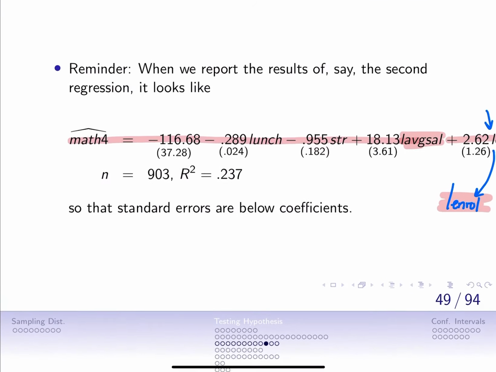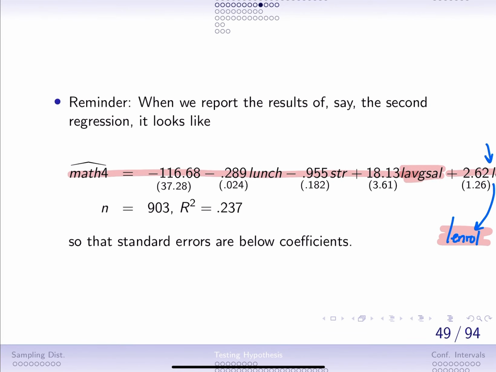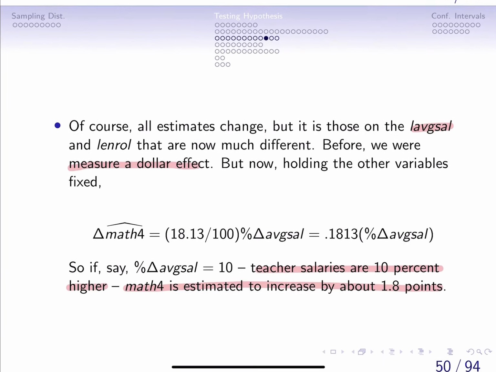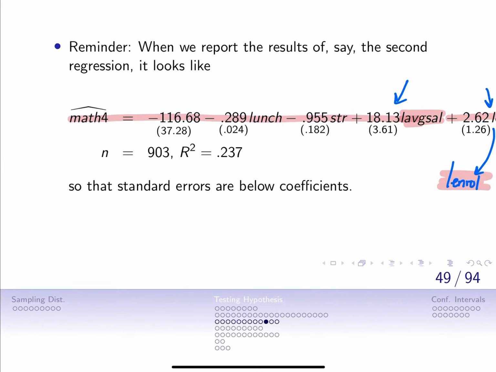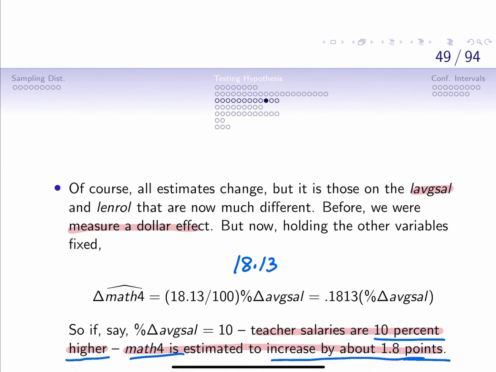So if this coefficient that is capturing teacher salaries is 18.13, we are basically saying that as teacher salaries are 10% higher, the math 4 scores are going to increase by about 1.8 points.